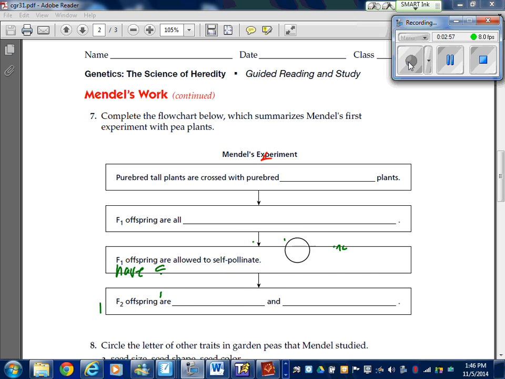This is just going step by step over what we already talked about. So purebred tall are crossed with purebred short. Offspring are all tall. They self-pollinate. The offspring are tall and short. Okay? Piece of cake. Question?